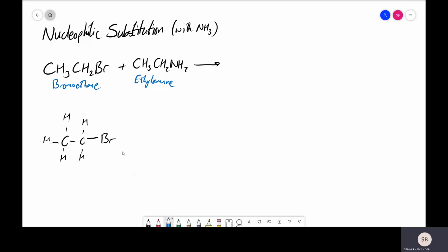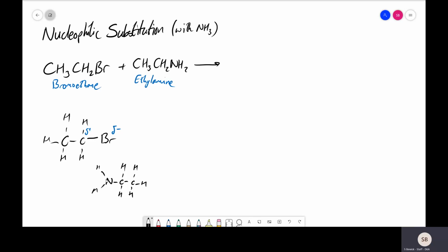So we've got our bromoethane. We'll pop on our partial charges. Delta minus on the bromide, delta plus on the carbon. Now we're going to draw out our ethylamine. And I'm going to draw this one the opposite way around to how it's written up there. Now I'm doing everything displayed, which actually makes it look really messy, but it's probably the most fundamental way for you to see what happens.